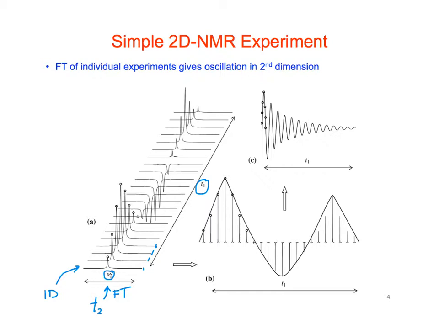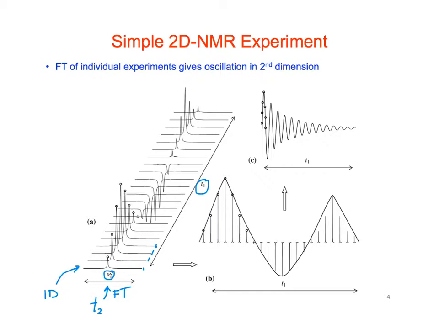this oscillating signal from the side view. So if we just looked at it, say from the side over here, we get something that looks like this, right?